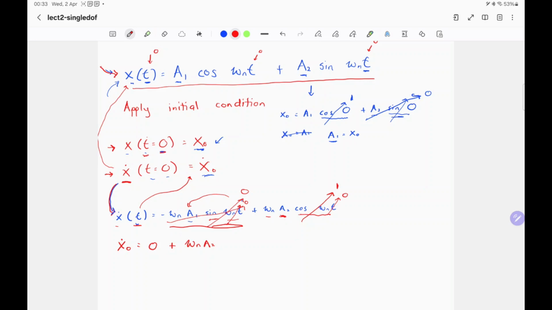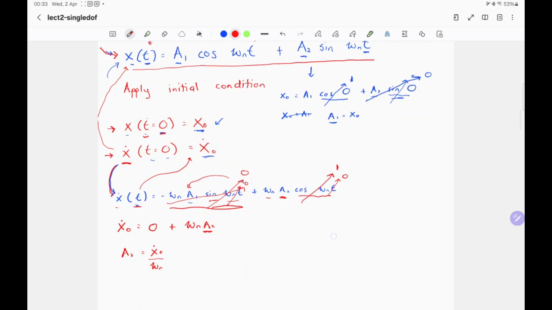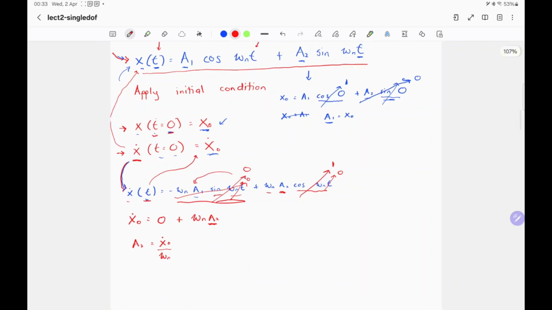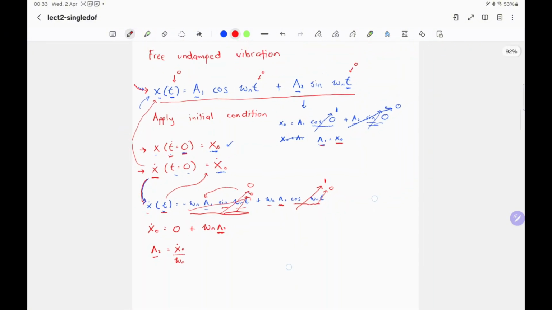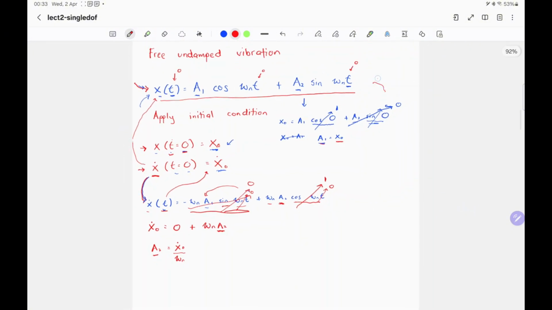Remember what we're trying to do now is determine A2. So A2 is x dot naught over omega n. So now we already know that A1 is equal to x naught and A2 is equal to x dot naught over omega n. So we replace back in this equation.